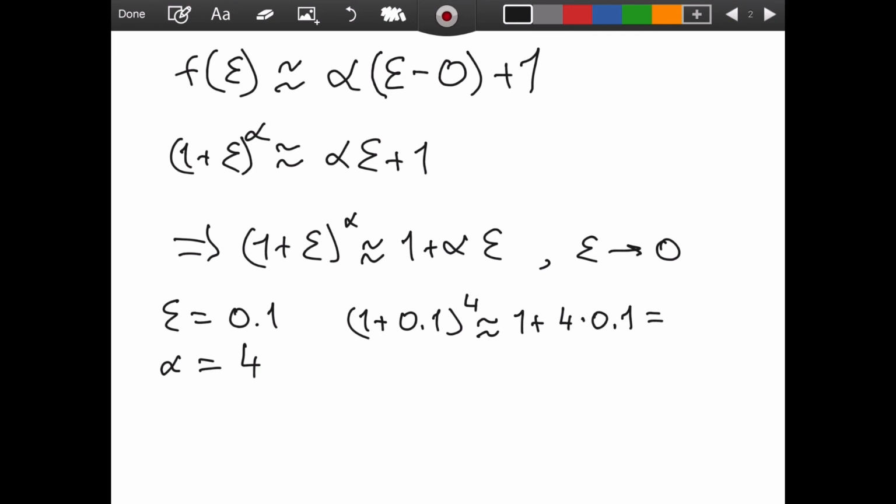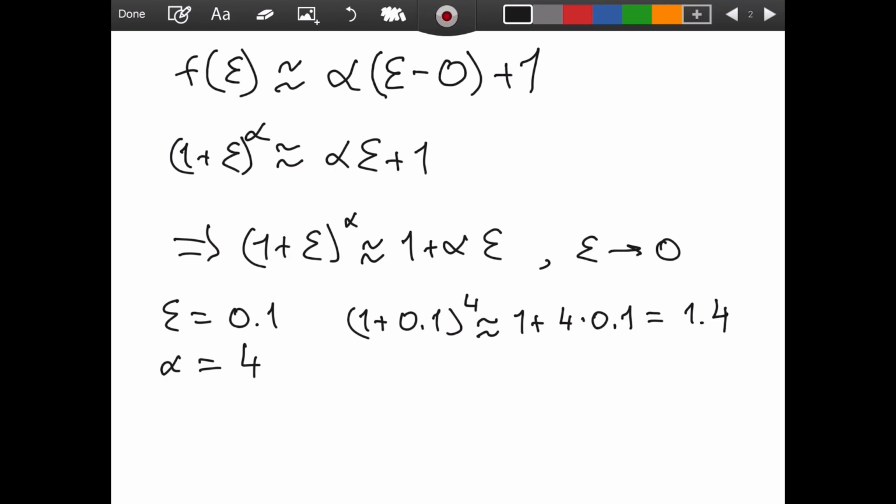So we are claiming that this is approximately equal to 1.4. And as you can see, this formula can come really handy, because it was very easy to compute that it will be approximately equal to 1.4.